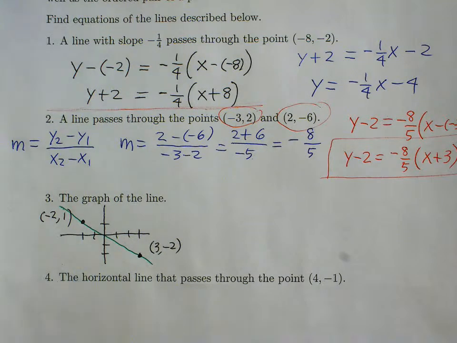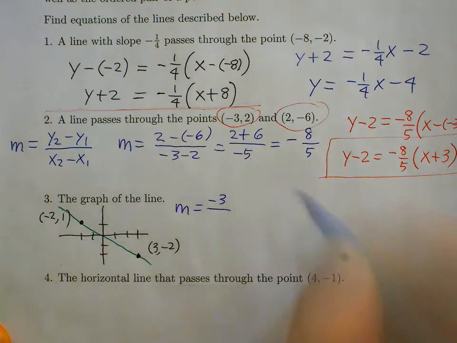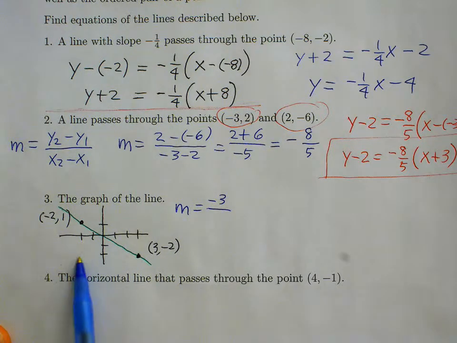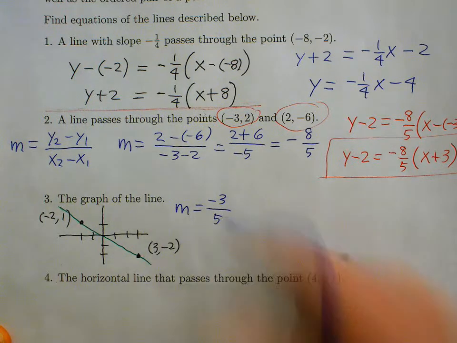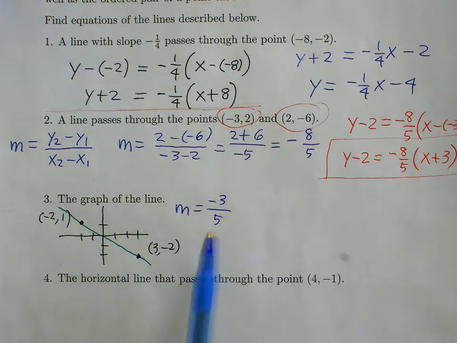So the slope has a rise of -3 and a run of 1, 2, 3, 4, 5. So using the graph, I find that the slope is -3/5.